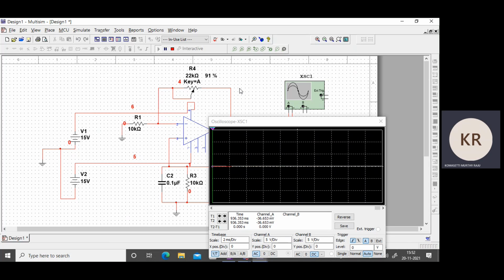Okay. Some variations here. We will get pure sine wave.